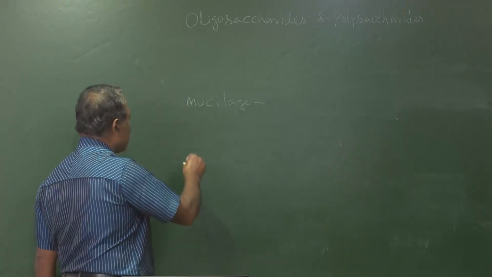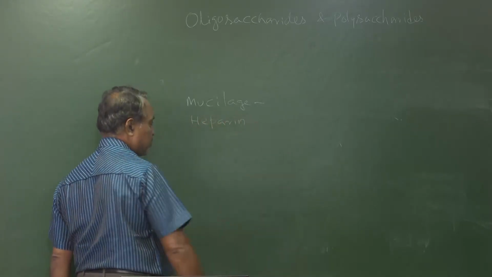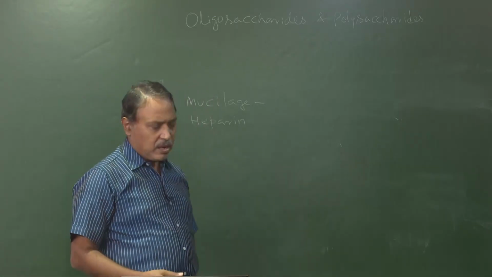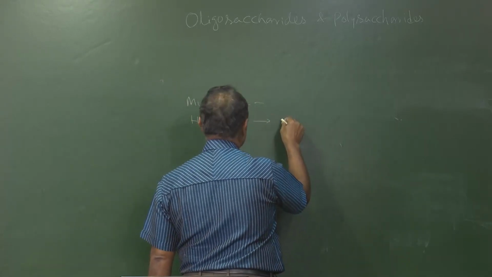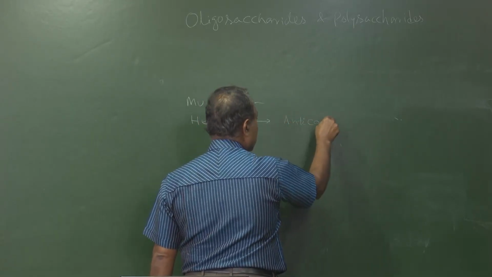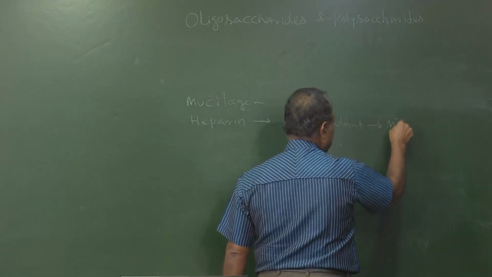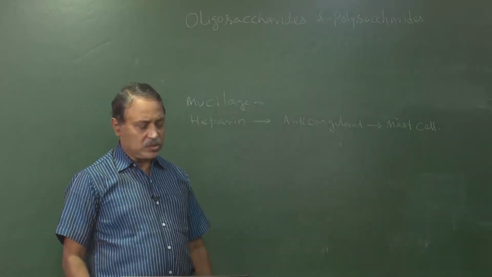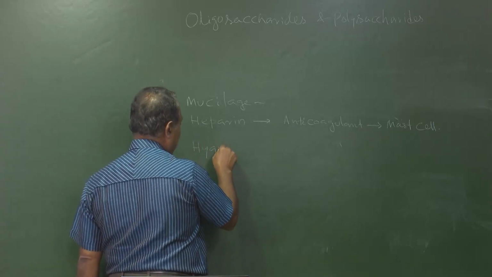Then we have another, that is heparin. I will come to their structure. Heparin is an anticoagulant produced by the mast cells of connective tissue.